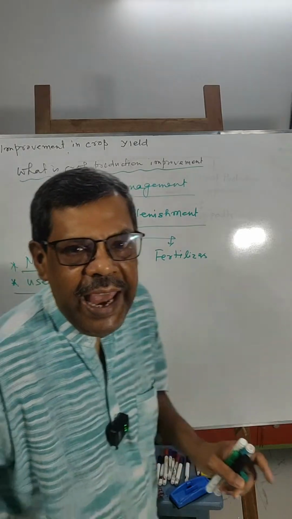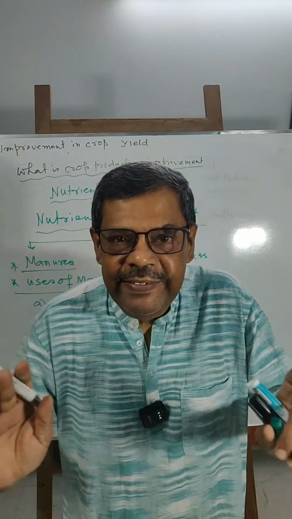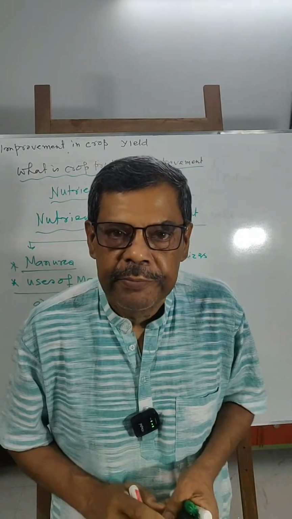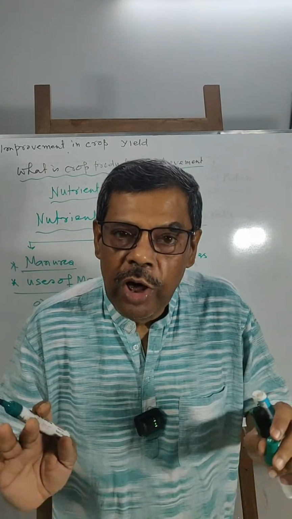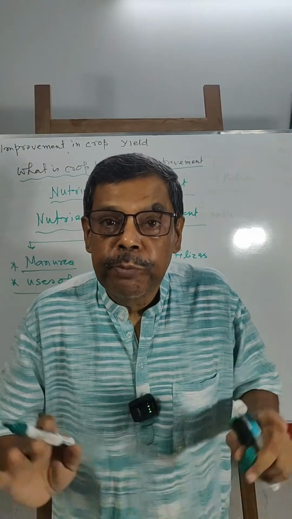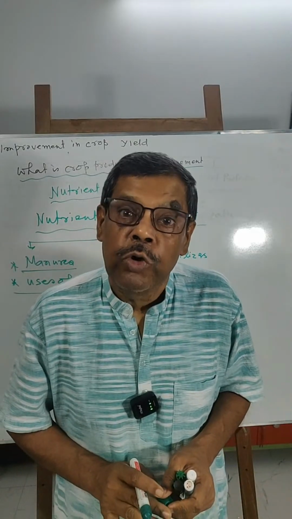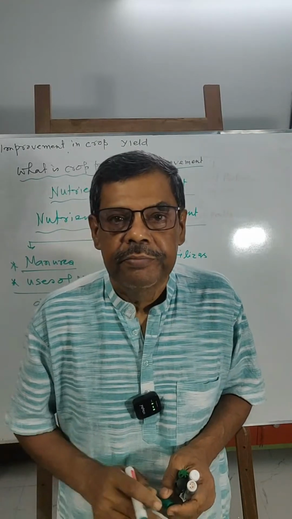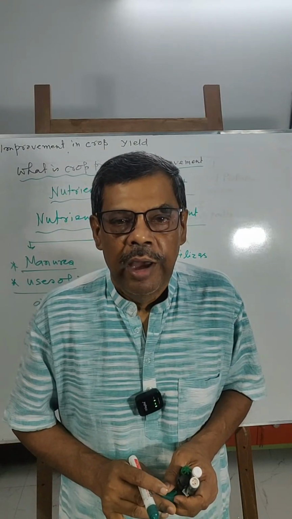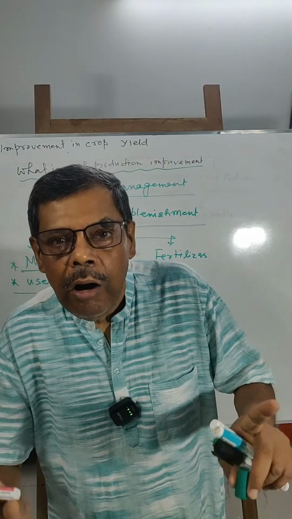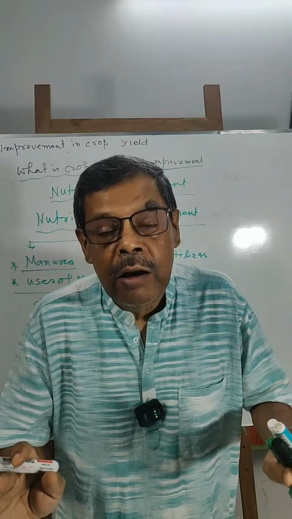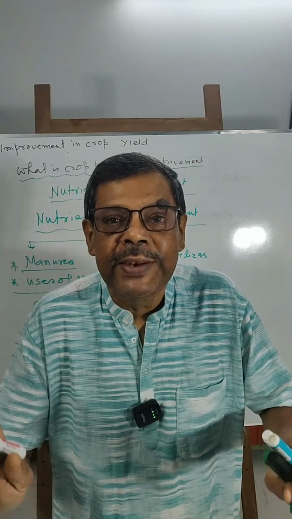Manures enrich the soil with organic matter. This organic matter improves the quality of soil crumbs, aeration, and drainage of clayey soil, and increases the water holding capacity of sandy soil.